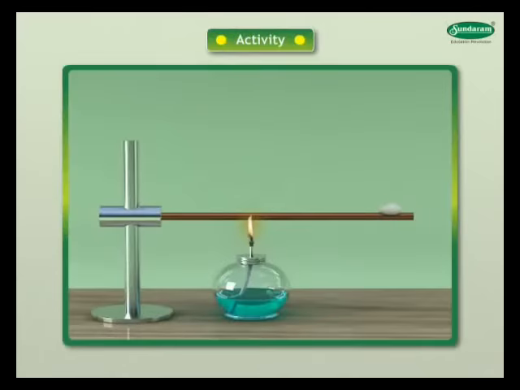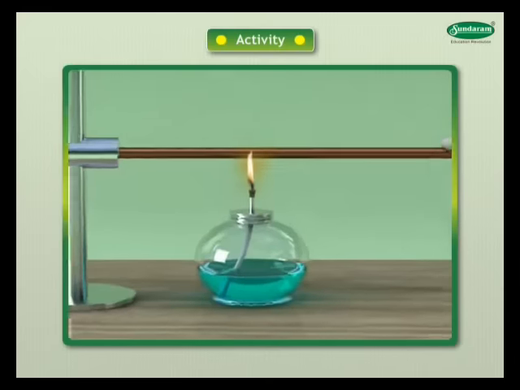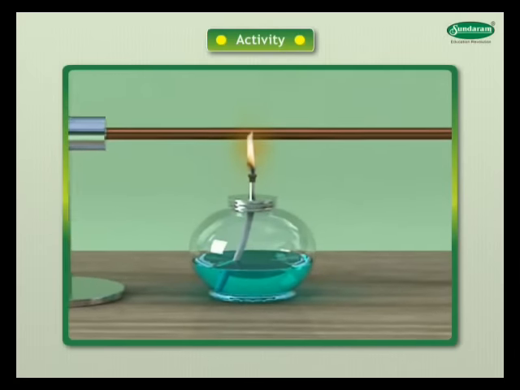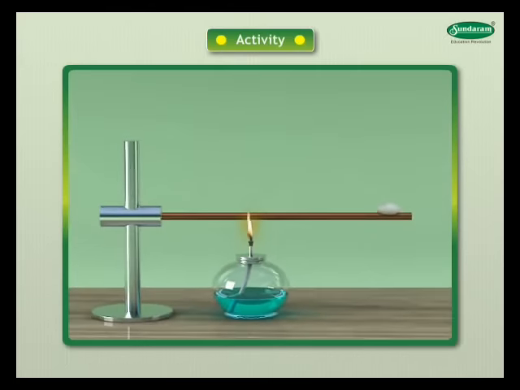Let us look at another activity. Take an aluminium or copper wire. Clamp this wire on a stand as shown in the figure. Keep a wedge of butter on the free end of the wire. Heat the wire with a spirit lamp or a burner near the place where it is clamped. Does the metal wire melt?